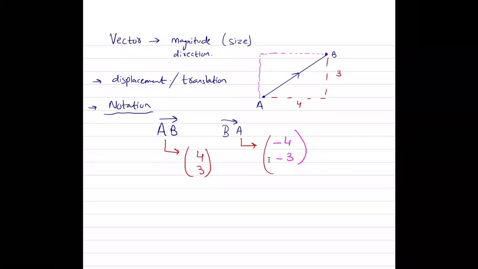You can observe over here that AB and BA, since they are opposite and equal vectors, they are opposite vectors. So AB is negative of BA. That is always true. So if I have PQ, then QP is going to be the negative of PQ. Is this clear?